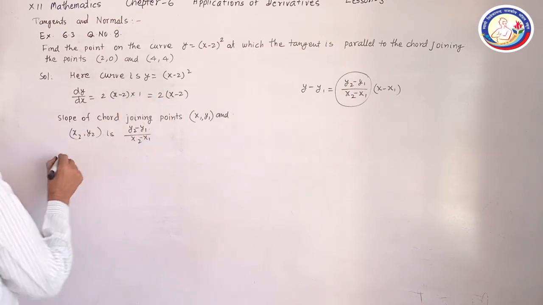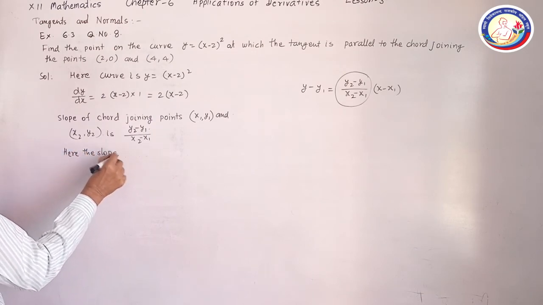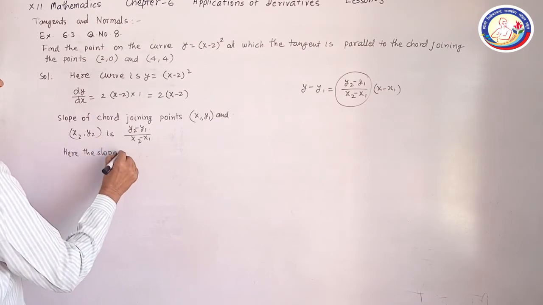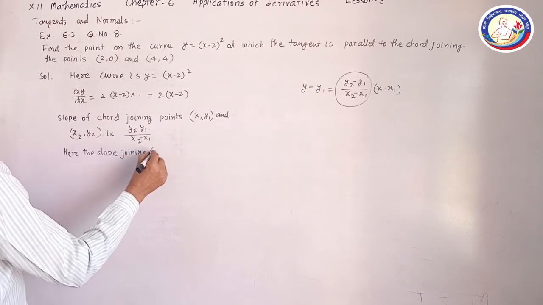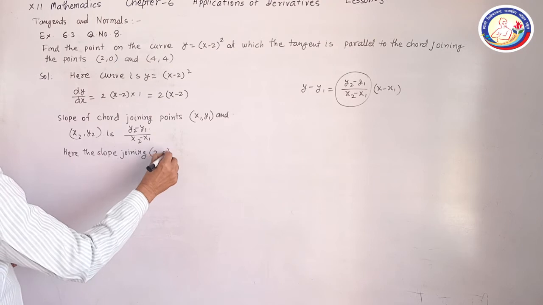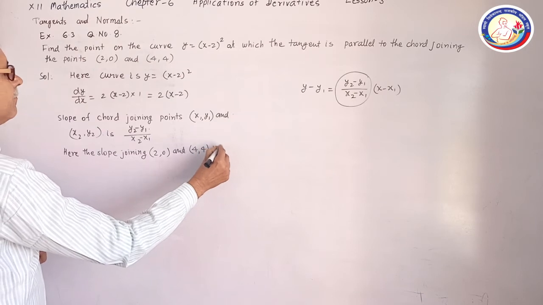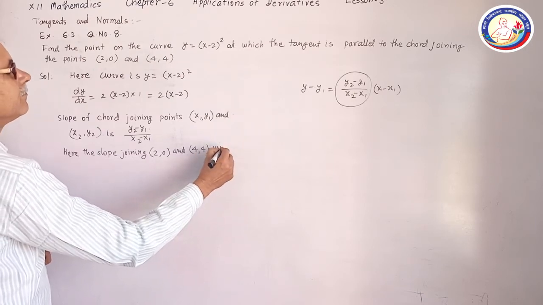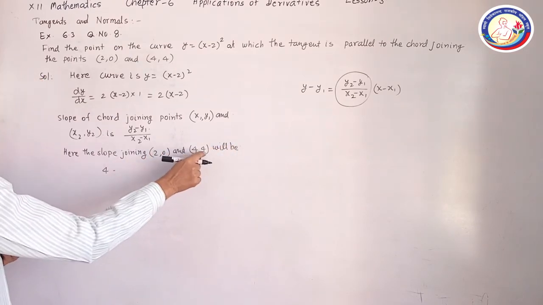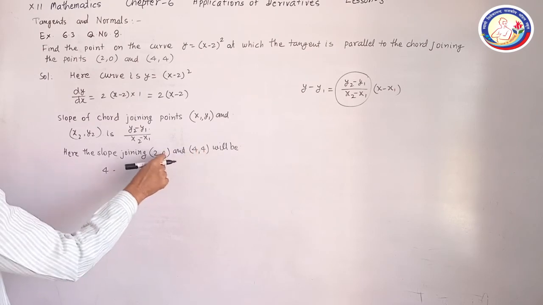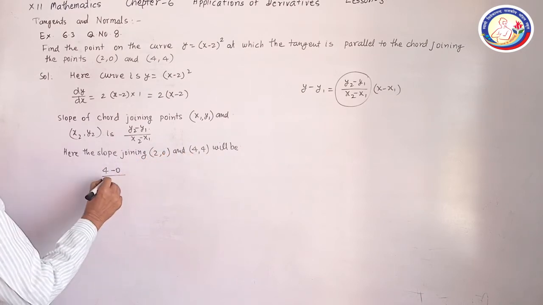Here the slope will be, for the points 2, 0 with 4, 4, this is y2, 4 minus 0, divided by 4 minus 2.